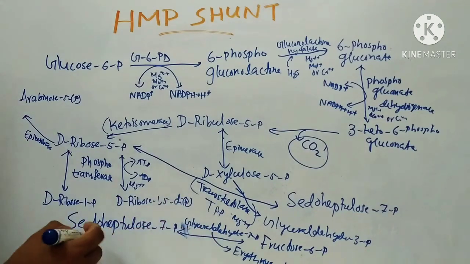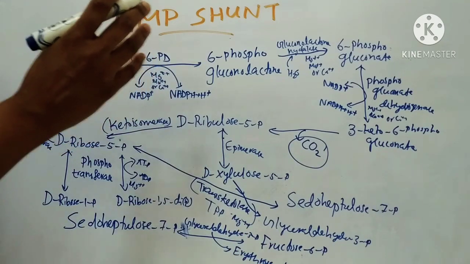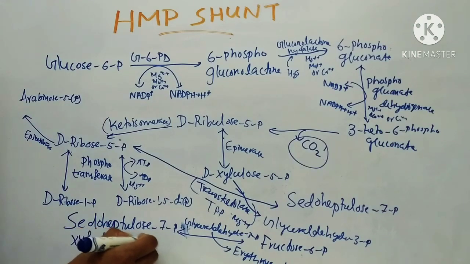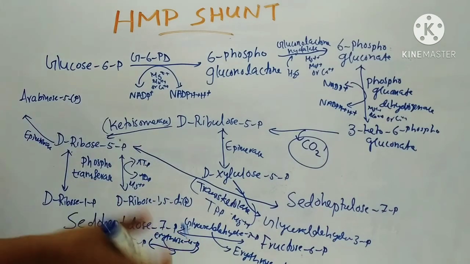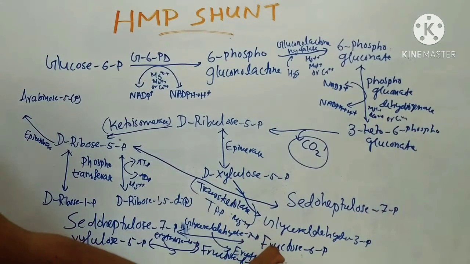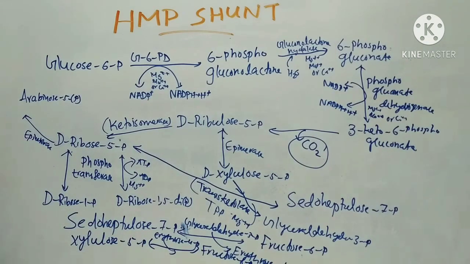Then this erythrose 4-phosphate again combines with xylulose 5-phosphate, and it forms fructose 6-phosphate again and glyceraldehyde 3-phosphate. So that is the reaction.